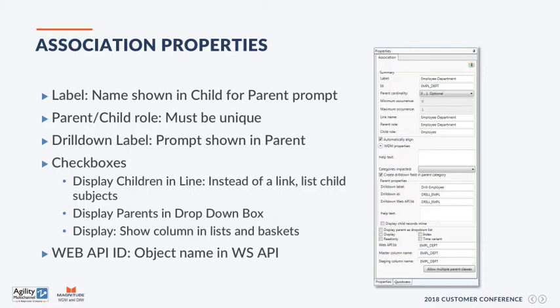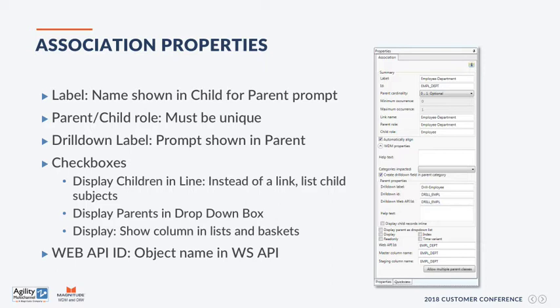So if I have 3 associations, for example, that connect a parent category to the child category, within the child category, the child role must be unique for each of those associations. Likewise, on the parent, if I have multiple parent associations, those have to be unique within that category.